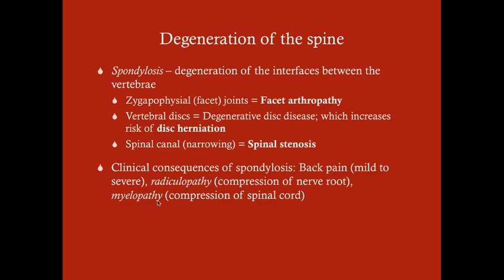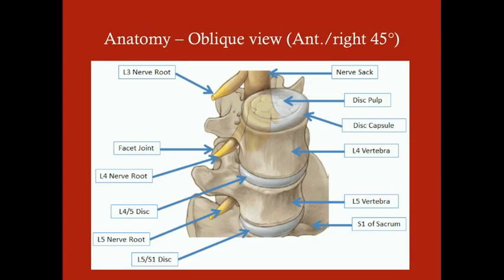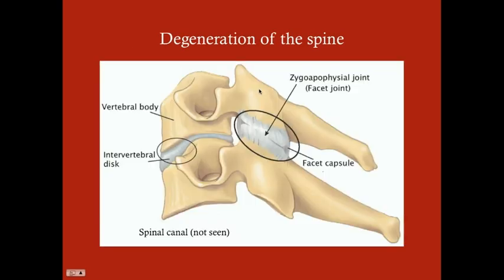And then myelopathy, which is the compression of the spinal cord itself. And myelopathy tends to be caused either by spinal canal narrowing, which is spinal stenosis, or disc herniation, which can then press right onto the spinal cord. So here's a perfect example. Here's your disc capsule right here, and it can go right up against that nerve sac.